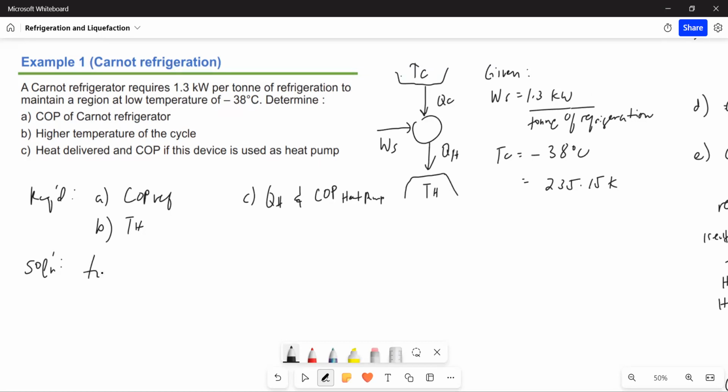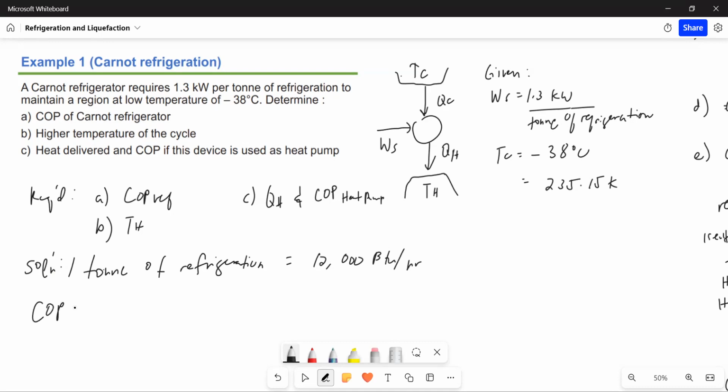One ton of refrigeration is equal to 12,000 BTU per hour. Without this information, we cannot solve the problem. Please remember that a ton of refrigeration is 12,000 BTU per hour.